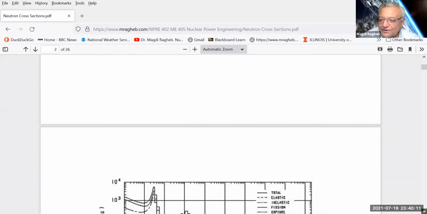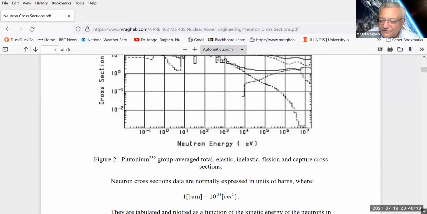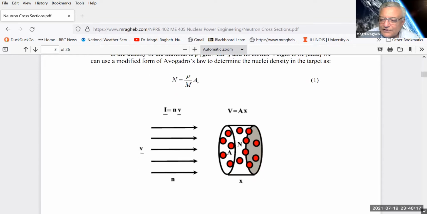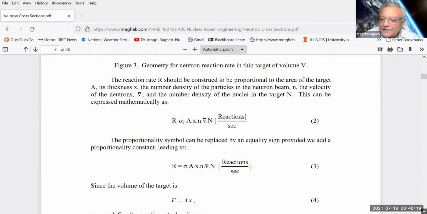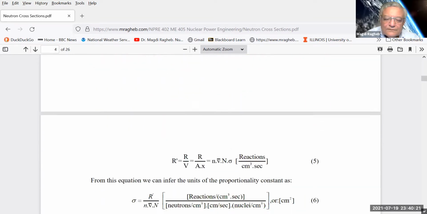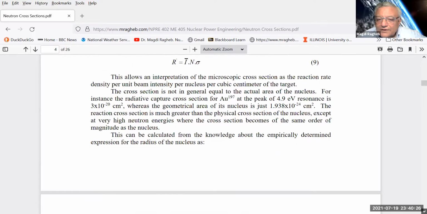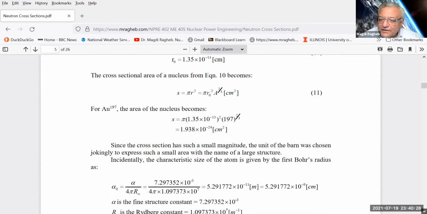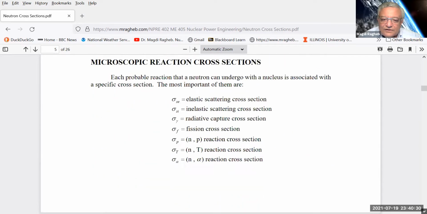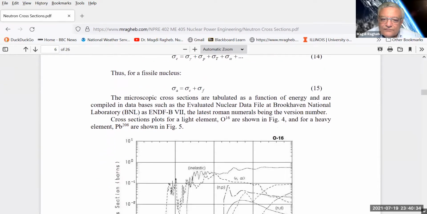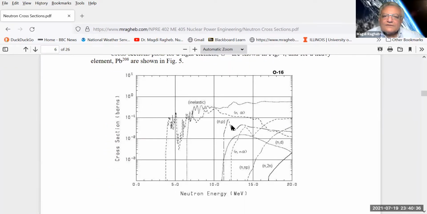The Chicago Pile-1 used graphite or carbon to reduce the energy of the neutrons, whereas here with the light elements, you could see that we have threshold reactions. So they differ for different kinds of isotopes and different parts of the periodic table.